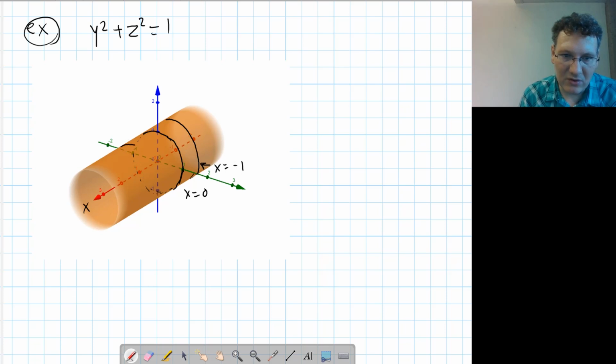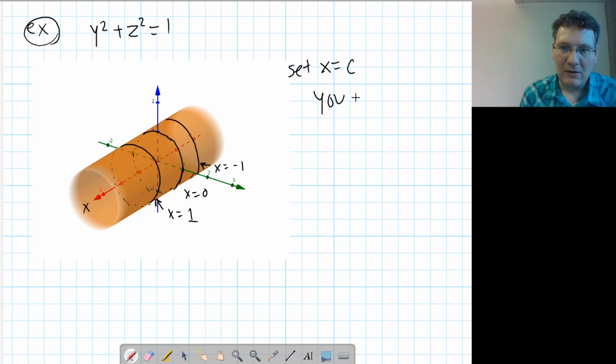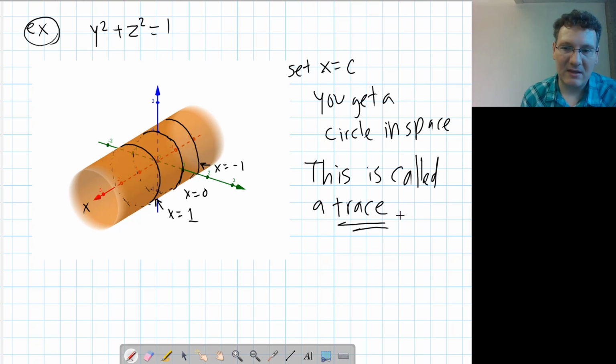Here's the circle that you get when you let x equal +1. Of course, it continues around the other side. Each of these, when you set the free variable x equal to some constant, you get a circle in space, and this is called a trace. By thinking about where these traces are and what they look like, you can get a sense of what this looks like in 3D space when you have a cylinder.